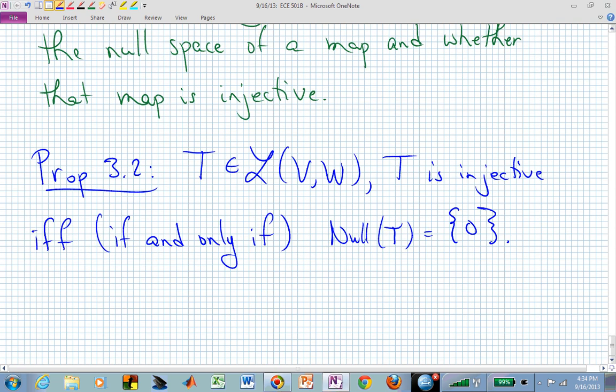If T is injective, then the only element in the null space of T is the zero vector. We have a unique vector that maps to the zero vector in the codomain, and that's what we said an injective map had to be. We can't be coming from three different locations in the domain and ending up at the zero vector. Then it wouldn't be injective.